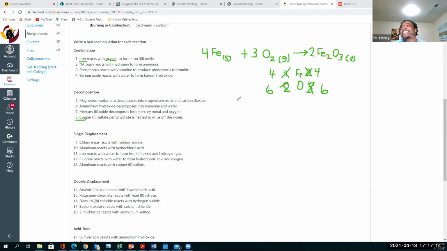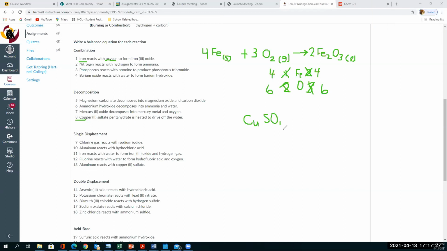Okay, so number 8. So first off, you would have CuSO4, times or dot or whatever that sign's supposed to mean. Pentahydrate. Oh, that's it. Times 5H2O.